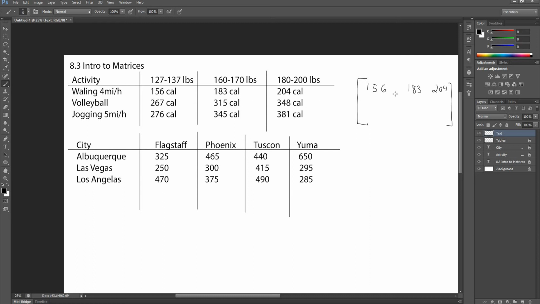I'm not putting any units with them. Then row 2 will be 267, row 2 column 2 will be 315, row 2 column 3 will be 348. And then row 3 column 1 is 276, row 3 column 2 is 345, and row 3 column 3 is 381.